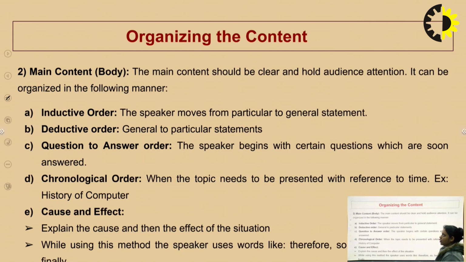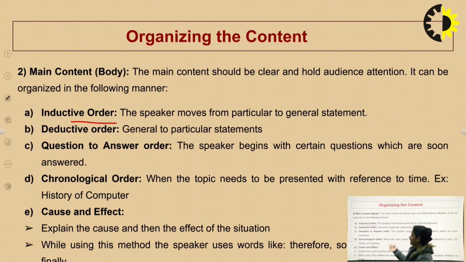Then comes the main content. So this is the main part of your presentation. Main content should be clear and hold audience attention. It can be organized in the following manner. Either we can organize it in inductive order, where the speaker moves from particular to general statement. This we have already studied in the methods of paragraph writing.